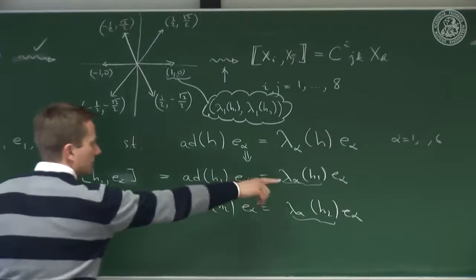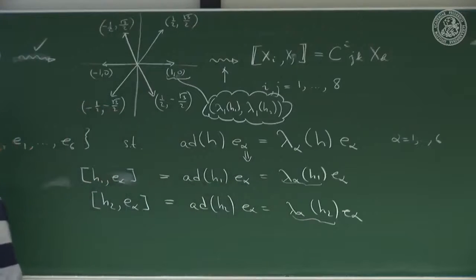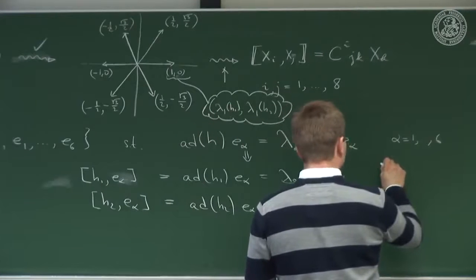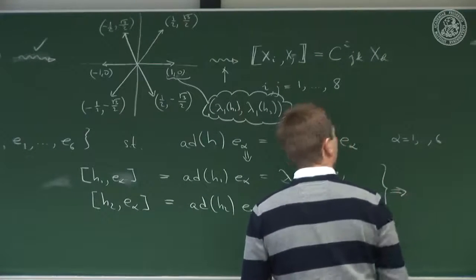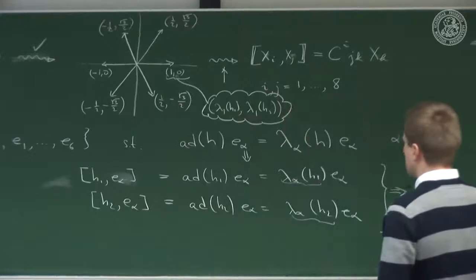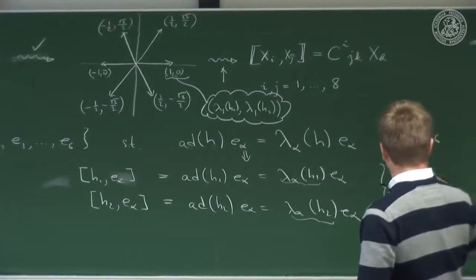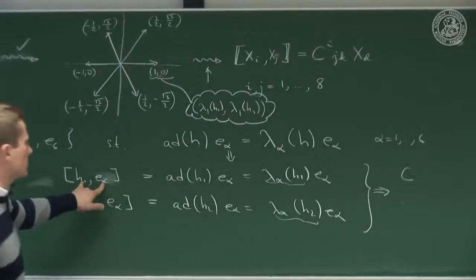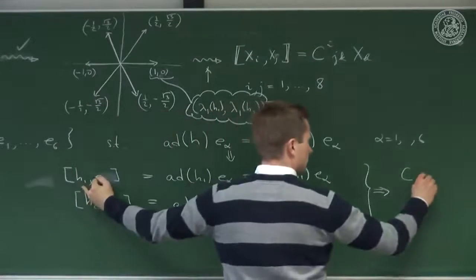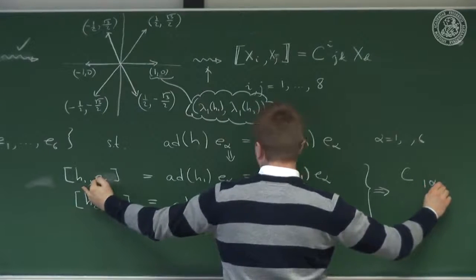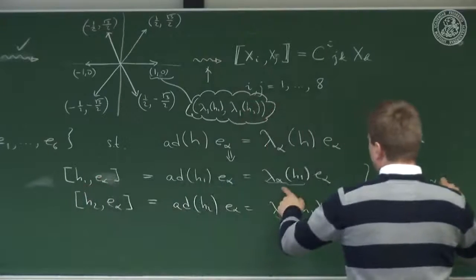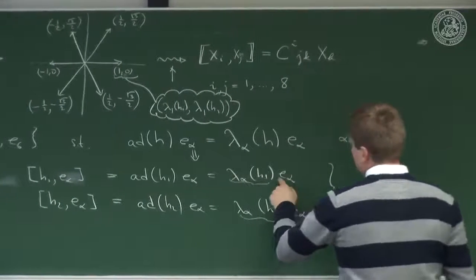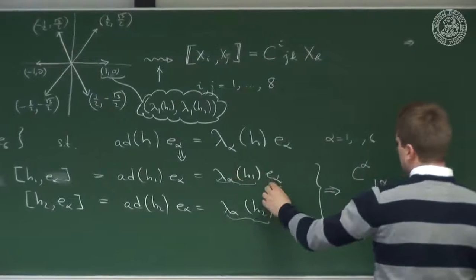And we know that we have here the e alpha, so we read off from up here, so I now look at the structure coefficients. This one is the structure coefficient c_1alpha, and you see this can be expressed simply as a factor times the e alpha.